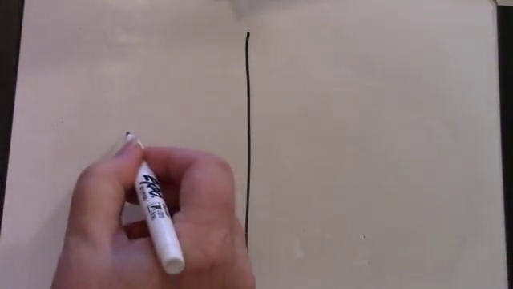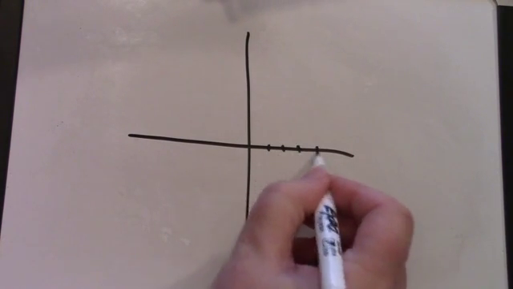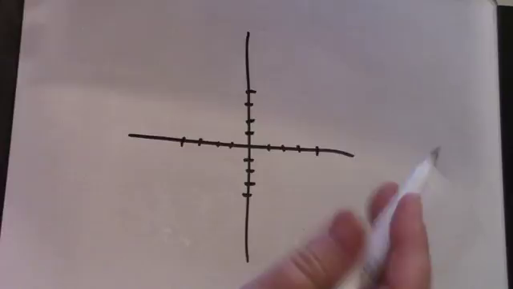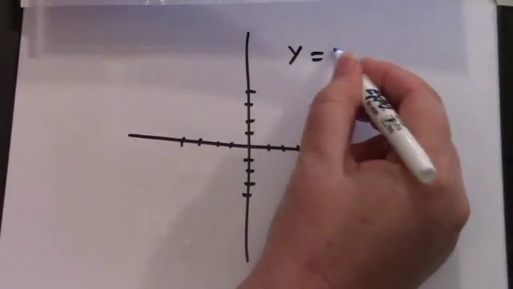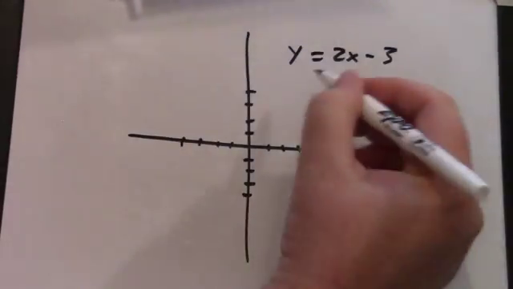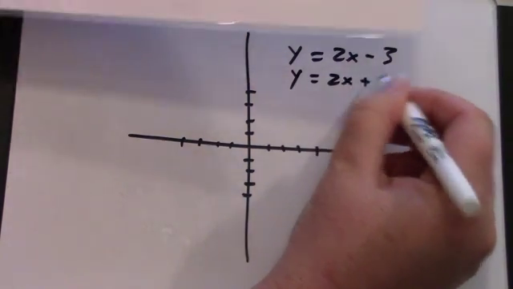All right, let's take a moment to graph that and see what that looks like. So our first line was y equals 2x minus 3, and then the line that we created that's parallel to it is y equals 2x plus 0.